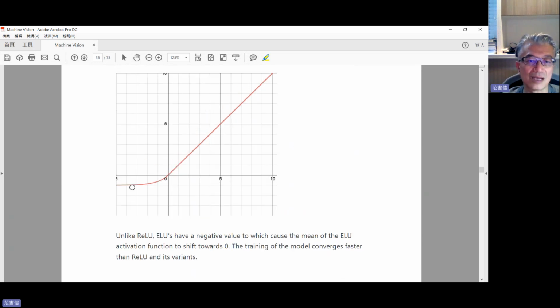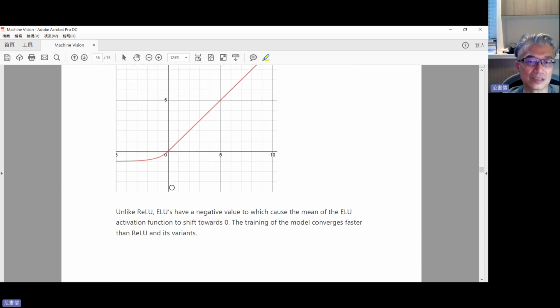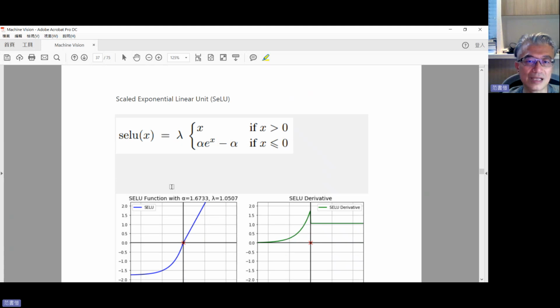So yeah, typically with the leaky ReLU, ELU could be another one to consider. And then the next one, this is the one I like most, called the scaled exponential linear unit, SELU.